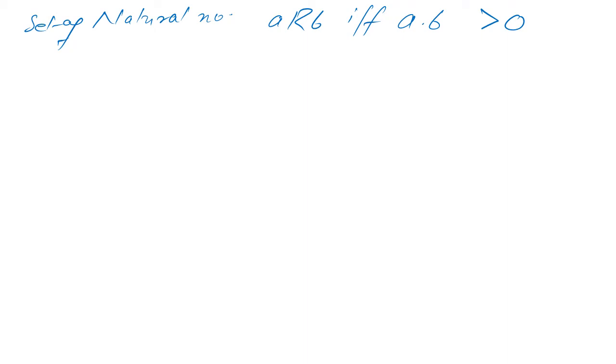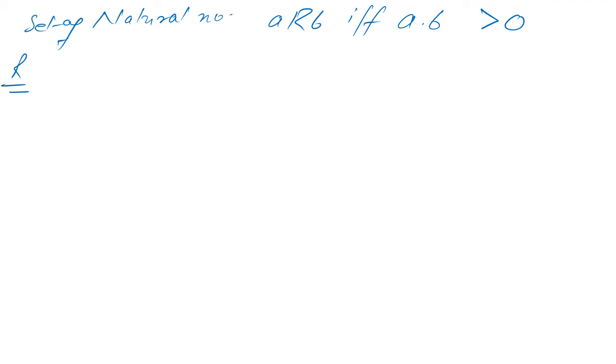So let us use the properties of natural numbers to verify the various properties. Let's begin with reflexivity. We all know 0 does not come under the natural numbers. And we also know that for this product to be 0, either A should be equal to 0 or B should be equal to 0 or both of them should be equal to 0.